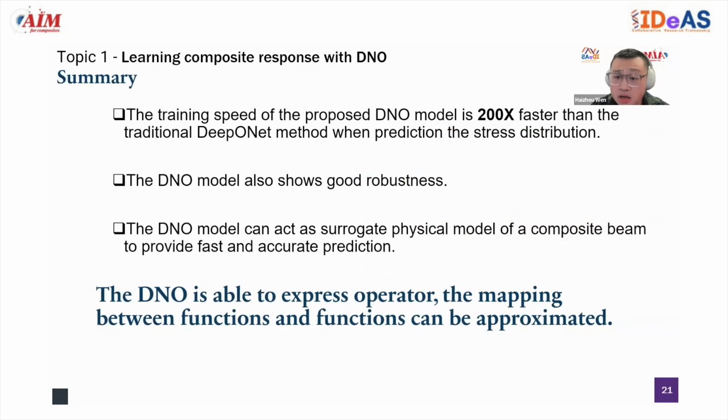So to summarize this topic, our DON model is fast, robust, and accurate. Through the first topic, we learned the structure of DON is suitable when approximating a mapping from functions to functions. In your own research or design for an engineering process, if you find two important functions that share a correspondence, this may indicate you should try the DON structure.